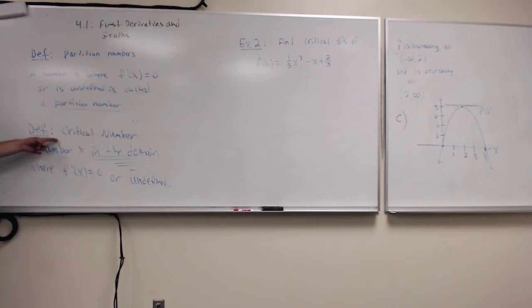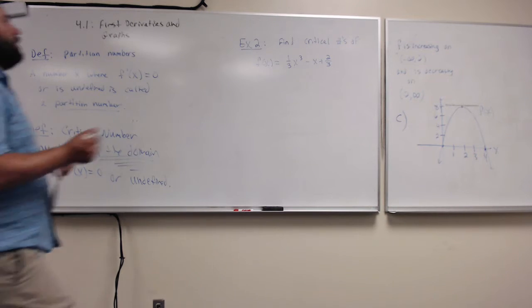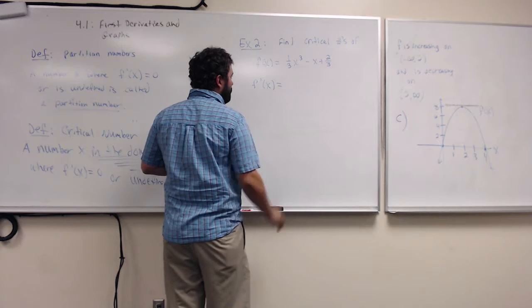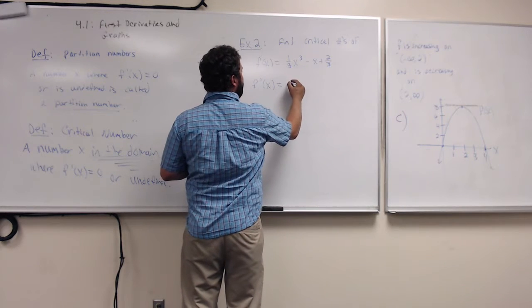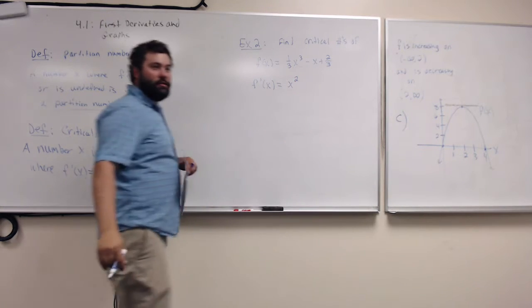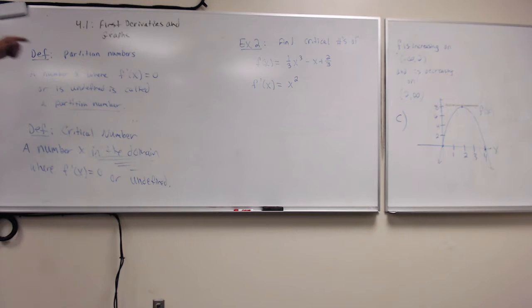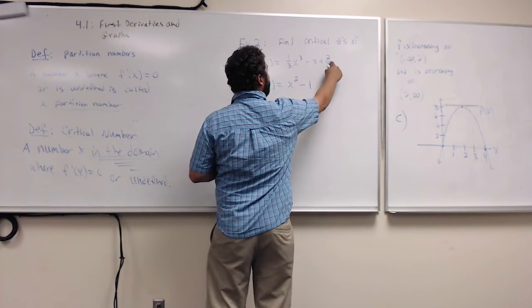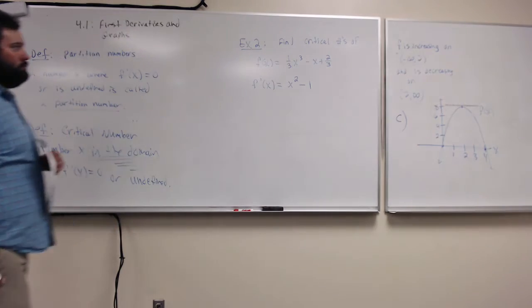That's another way of defining critical number. To find critical numbers, you have to take the derivative. The derivative of 1/3 x cubed is just x squared, because the 3 that comes out front multiplies with the 1/3 to give you 1. The derivative of minus x is minus 1, and the constant 2/3 has derivative 0.